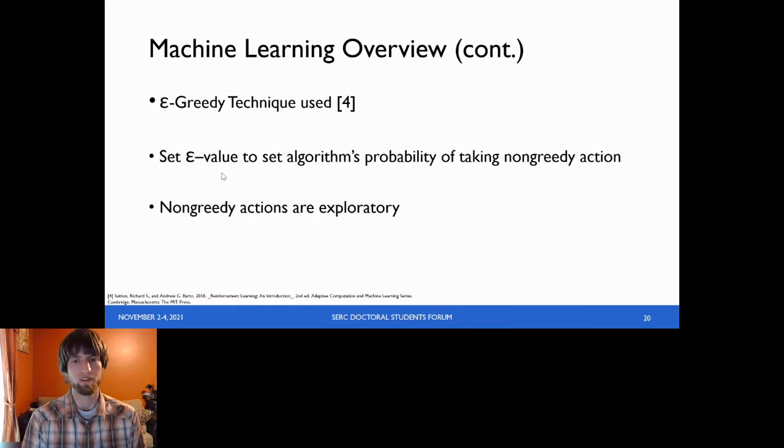So for example, if we have an epsilon value of 0.04, we'd say that 96% of the time, the player will take the greedy action, and 4% of the time, they'll explore other options. Exploring is important because it avoids the agent becoming stuck on a local maximum and lets it search for a global optimal answer.